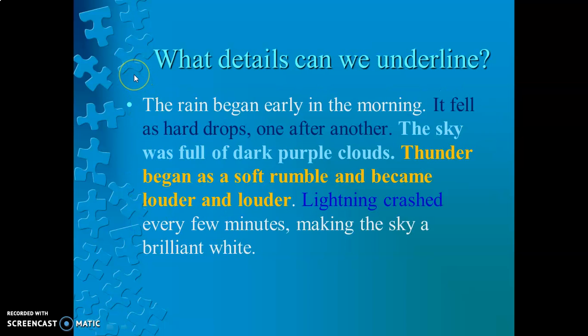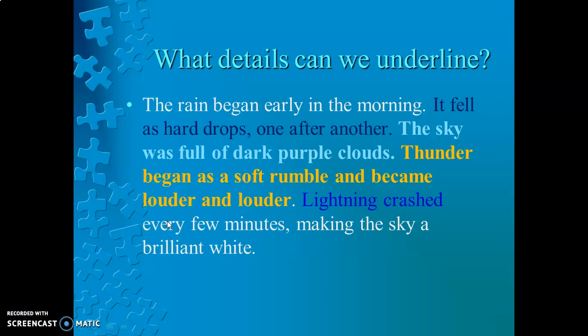So what details can we identify and underline here? Well, the rain started and began as hard drops, one after another. The sky was full of dark purple clouds. Thunder began as a soft rumble and became louder and louder, and lightning crashed.